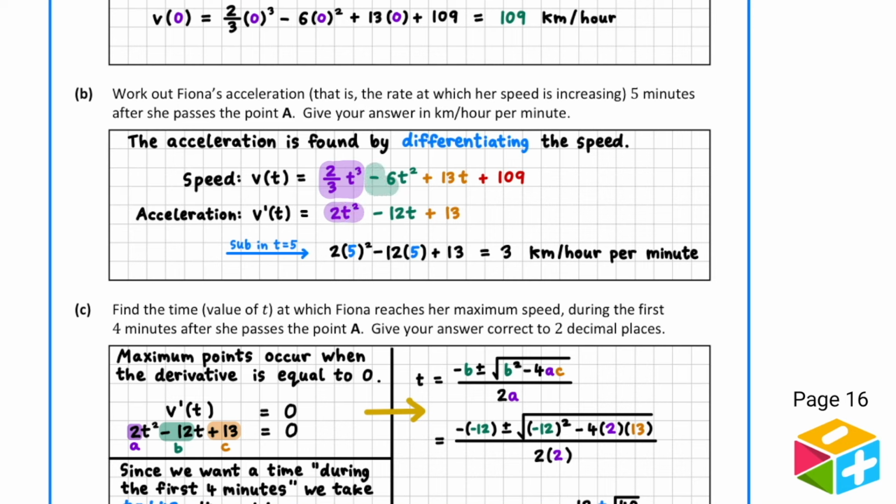The same rule can be applied for the minus 6t squared. We multiply down by the power, then reduce the power by 1. This gives us minus 12t. A constant times t simply differentiates to the constant, so 13t will differentiate to 13.